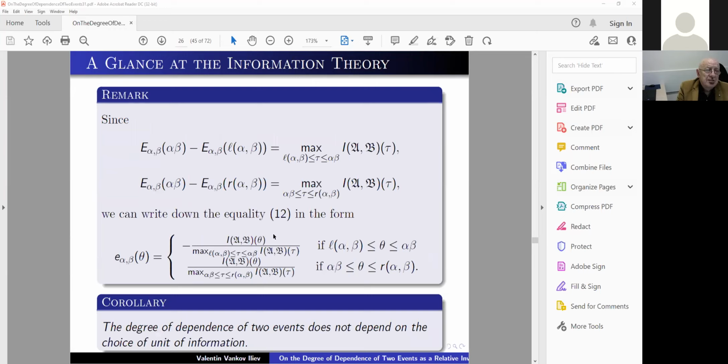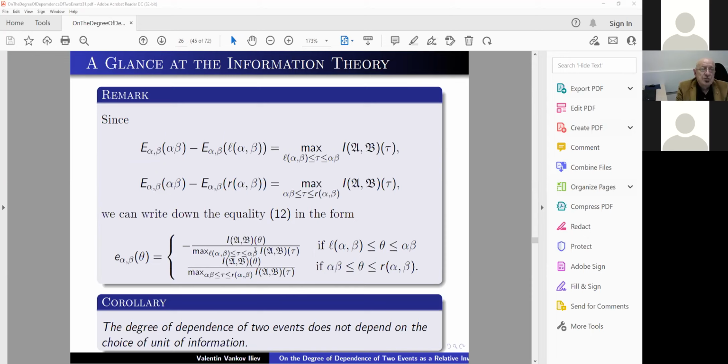This is the average information minus the average information over the maximum of the average information to the left of the interval, from the left point to its maximum. And here is again the average information divided by the maximum on the points to the right.